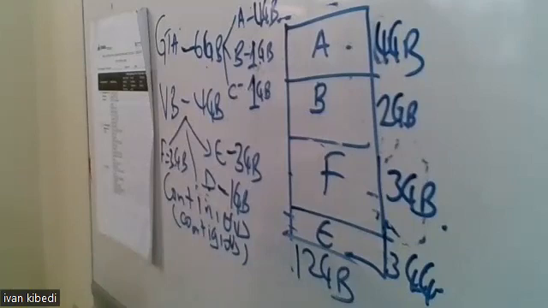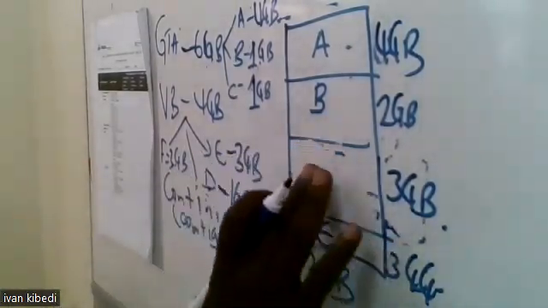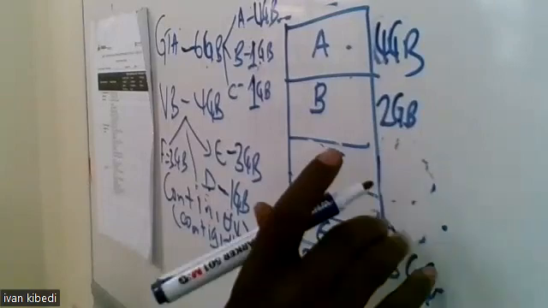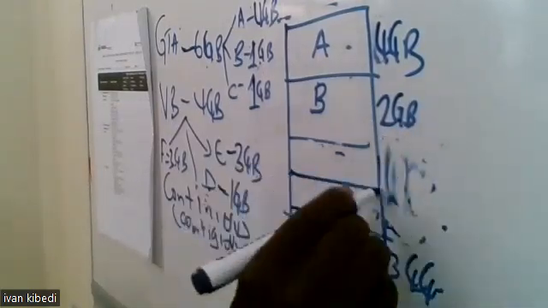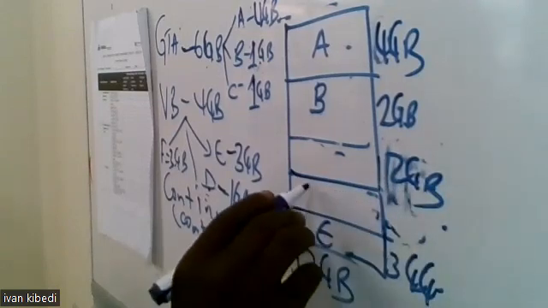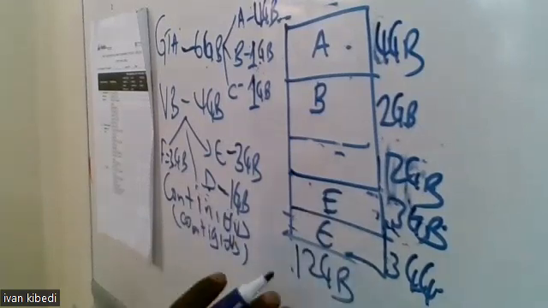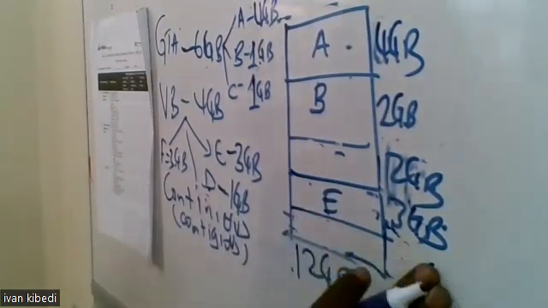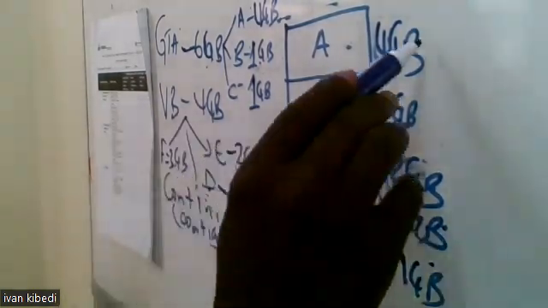But there's a problem here. You see, before we shifted the free spaces here, we had 2 GB here, and we had 3 GB here, where E was. And then here we had 1 GB. Now remember in year 12 that each of these positions must be having addresses.